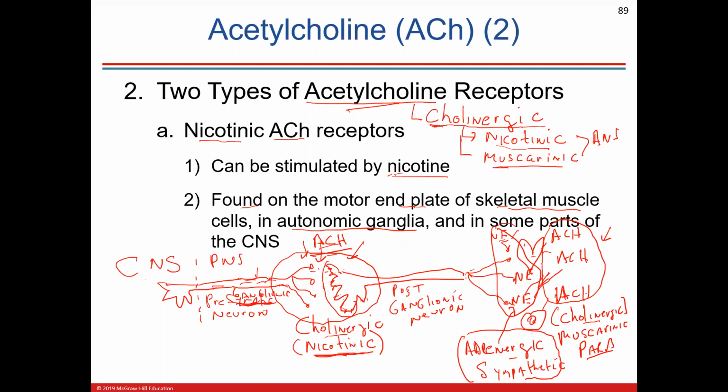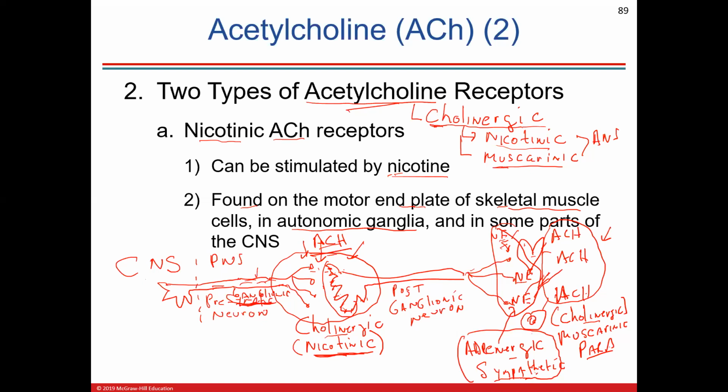There is one time where the sympathetic postganglionic neurons are releasing acetylcholine to the effector, and that's sweat glands. So that's one contradiction, if you will. So in the sympathetic nervous system, to innervate or activate sweat glands, the sympathetic postganglionic neurons are going to release acetylcholine, and they are muscarinic receptors because they're cholinergic.